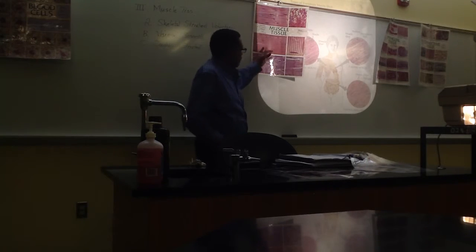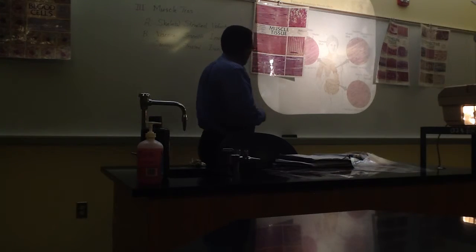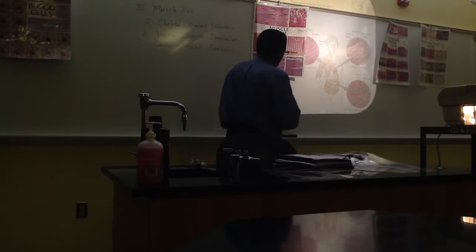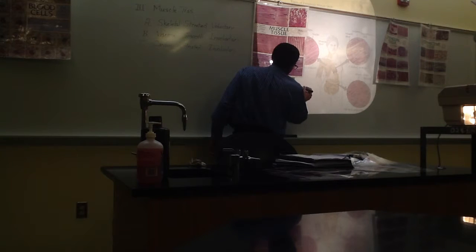Now, compare that with cardiac muscle. When you look at cardiac muscle, a cell is shaped sort of like a Y. It'll run for some distance and then branch off like this. And the branches may not even be equal.